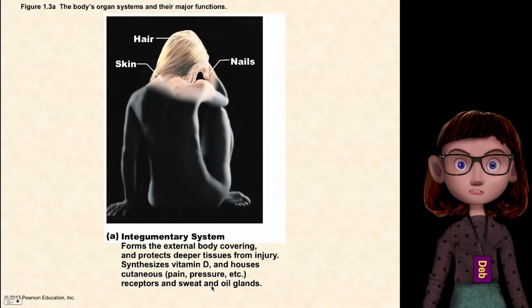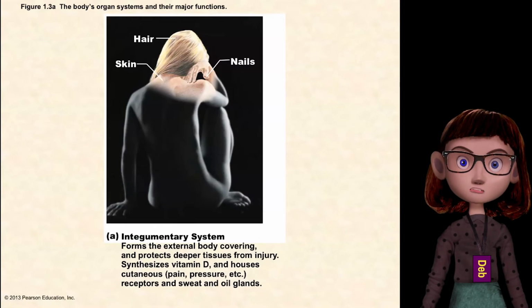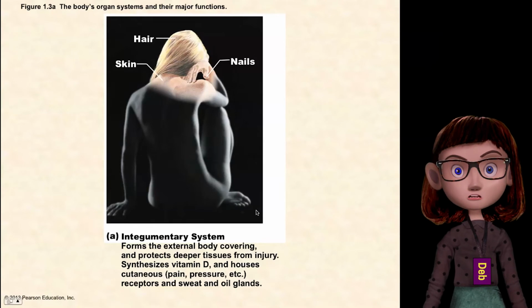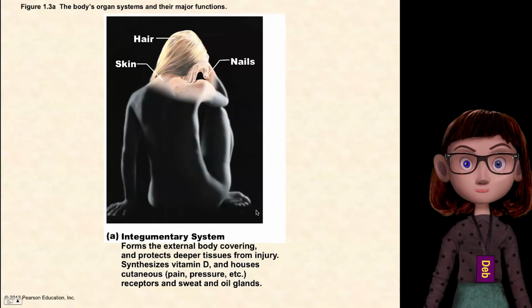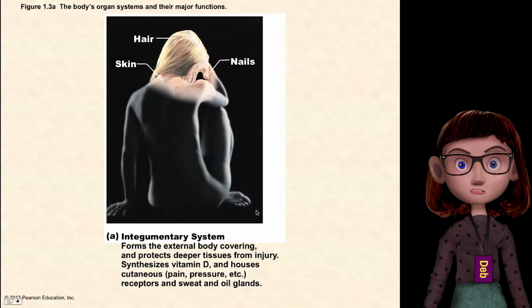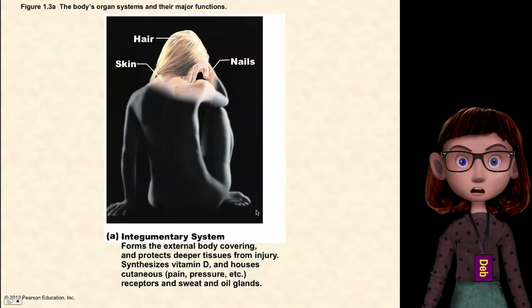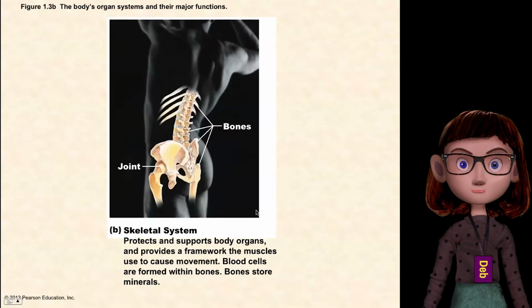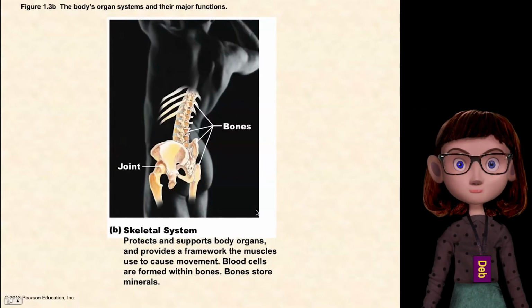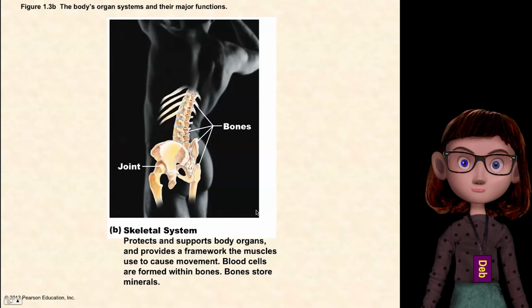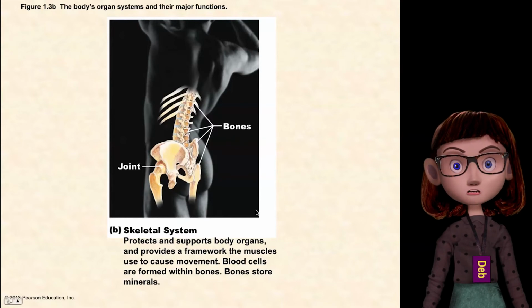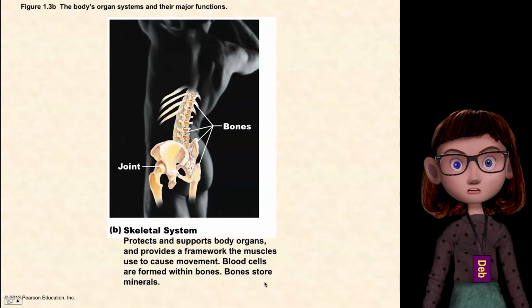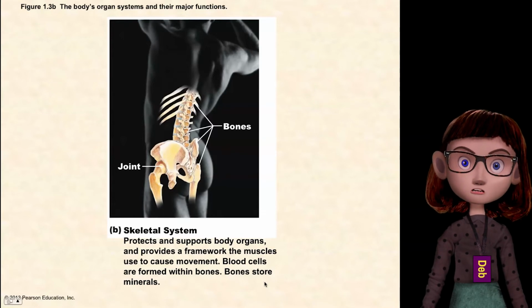And the next figure, 1.3, and there's quite a few letters to it, just goes through the various systems that we're going to be studying over the next year for Human Anatomy and Physiology 1 and Human Anatomy and Physiology 2. Here's the integumentary system. Here is the skeletal system. This is protecting and supporting the body organs, providing a framework that the muscles can use to cause movement or mobility.